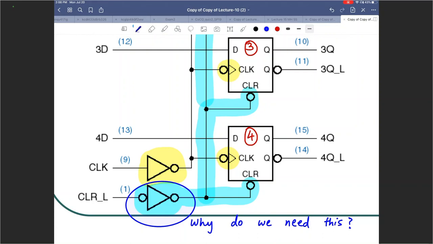Anyone? What is that? It's a buffer, right? So why do we need it over there?